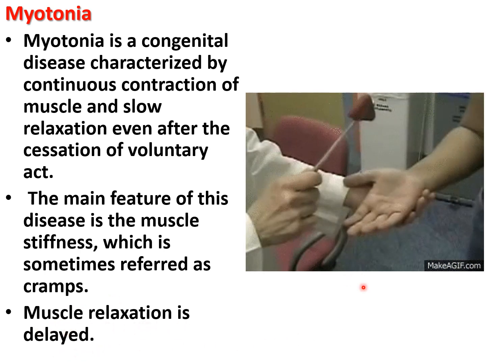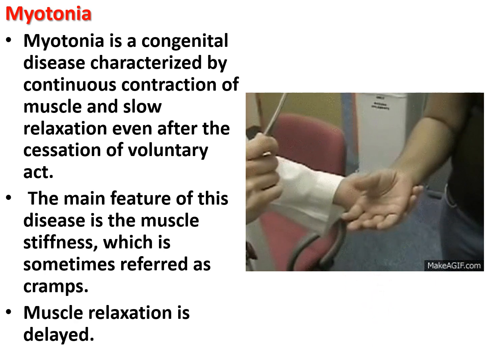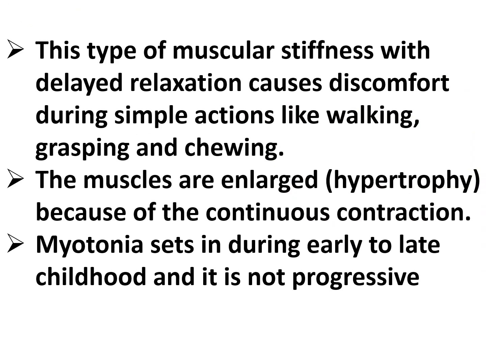In this picture you can see the myotonia very well. This type of muscular stiffness with delayed relaxation causes discomfort during simple actions like walking, grasping and chewing. The muscles are enlarged; there is hypertrophy because of the continuous contraction. Myotonia sets in during early to late childhood and it is not progressive.